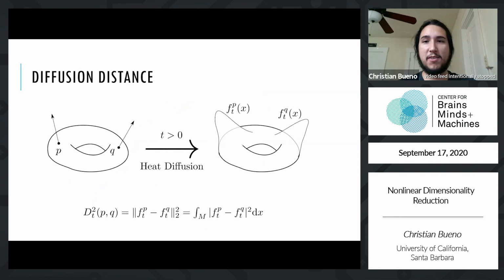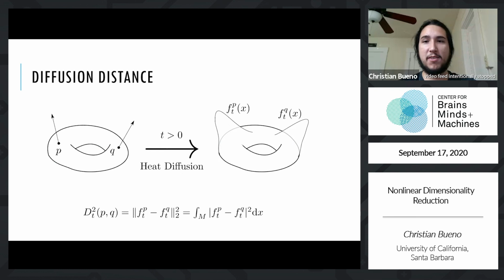There's lots of ways to get at diffusion maps, but one idea is this notion called diffusion distance. Imagine you have your manifold, you have two points P and Q, and imagine you place Dirac deltas there. You pretend that that's just an infinitely focused point of heat.